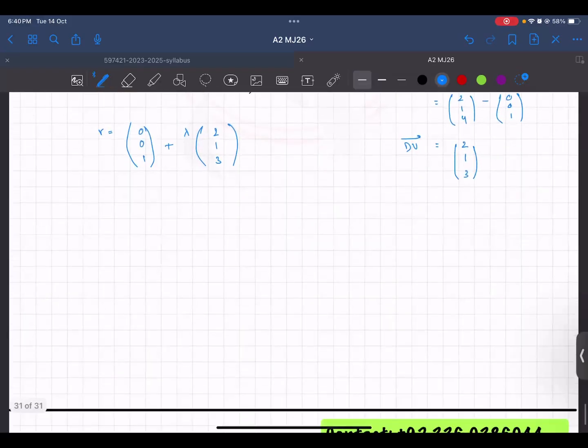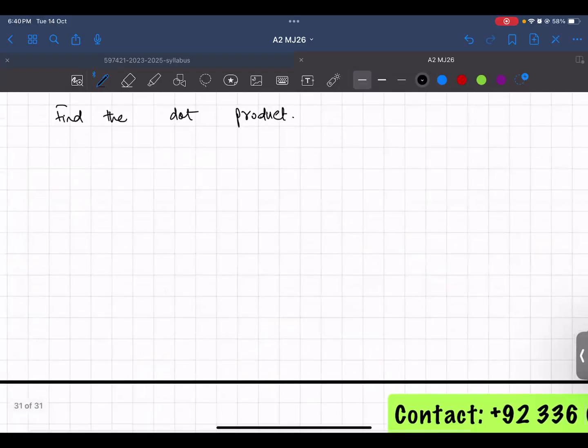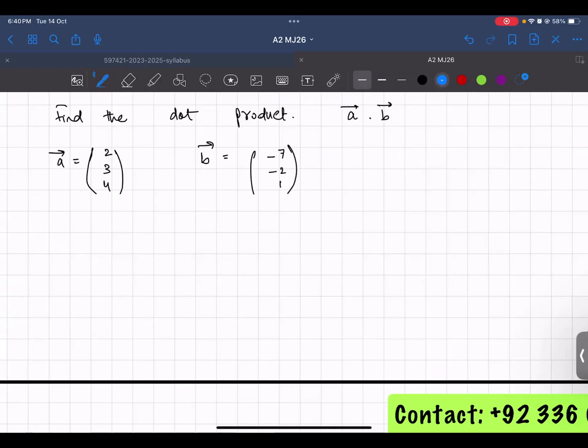Now the new thing, finding the dot product. This is also a very simple thing, very easy. Dot product is A dot B, vector A dot vector B. So for example, if your A is 2, 3, 4, and vector B is -7, -2, and 1, how do we find A dot B?